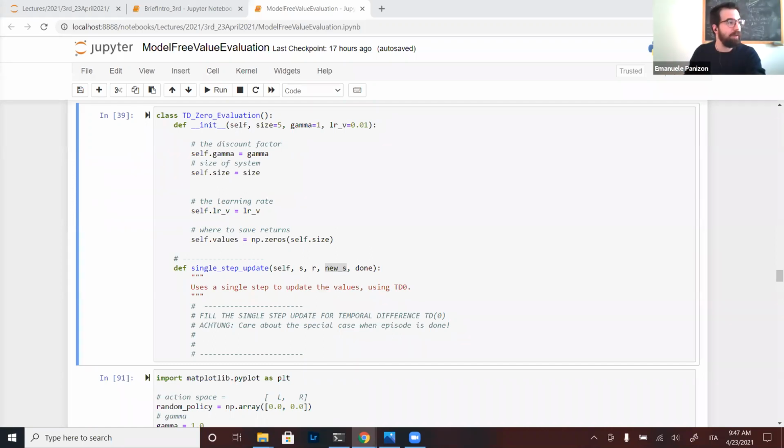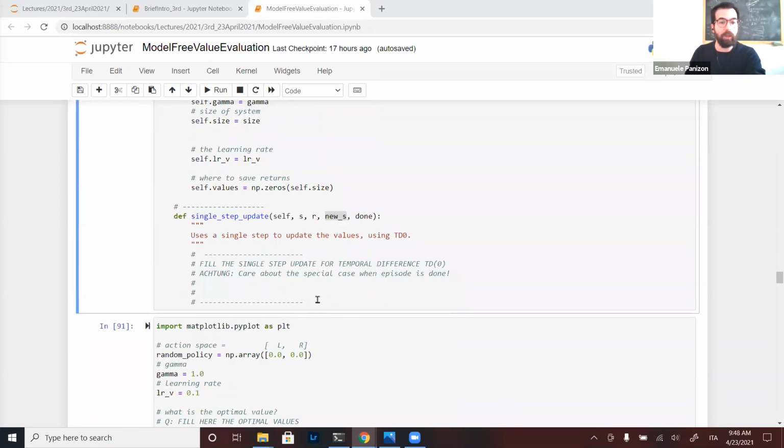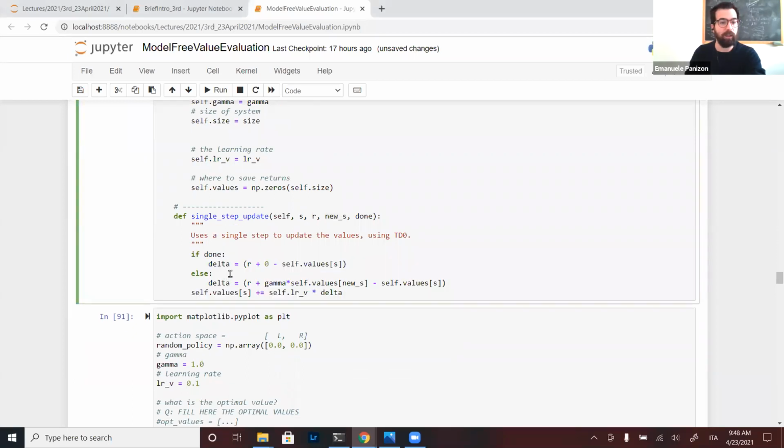But that is the only thing that has to be taken with care. So for each state, I will calculate the value in the new state, or I will put 0 if the episode is finished. I will do reward plus gamma value in the new state minus the value in the state in which I'm in, and I will update the value. And this is exactly what is done here.